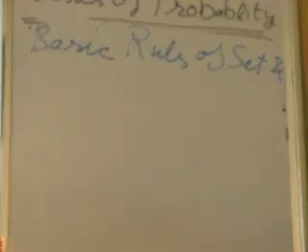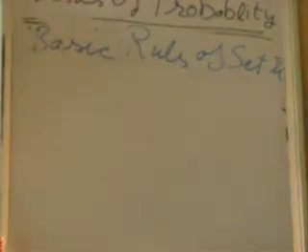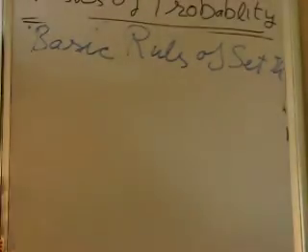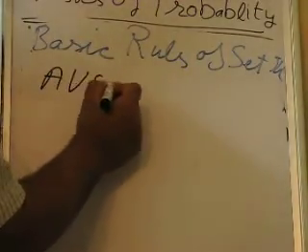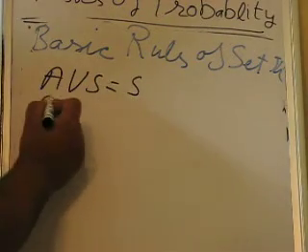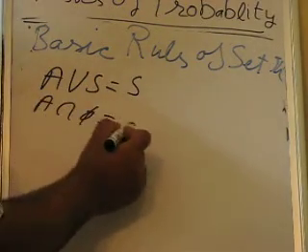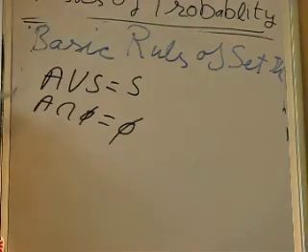The other is the domination law. What you will do is take a union of a set with a sample space. So you do A union S. What will you get? S. And A intersection phi is equal to phi, because every set will have the null set as one of its outcomes.